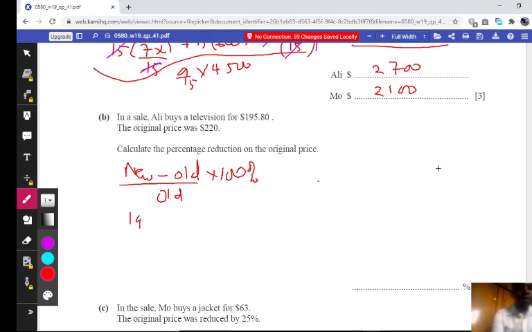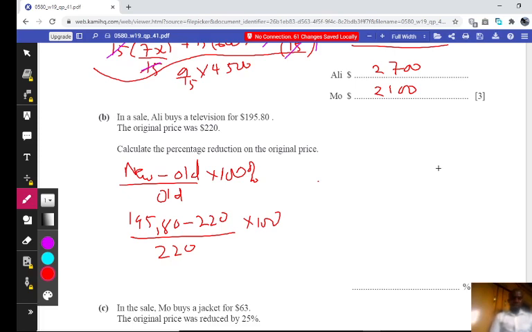So new price 195.80 minus old price 220. The original price, remember, is the old price. Then times 100. Using your calculator, 195.8 minus 220 gives minus 24.2.